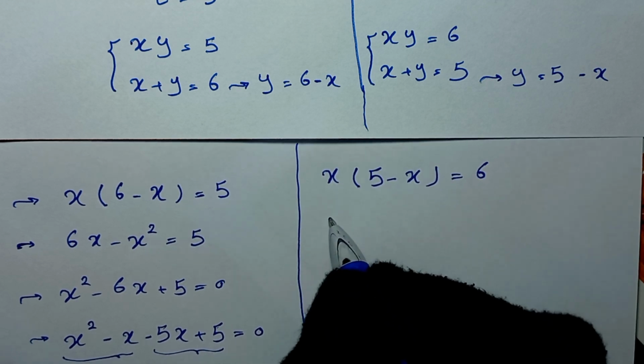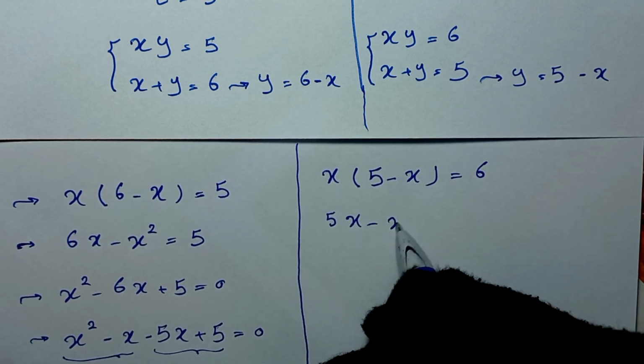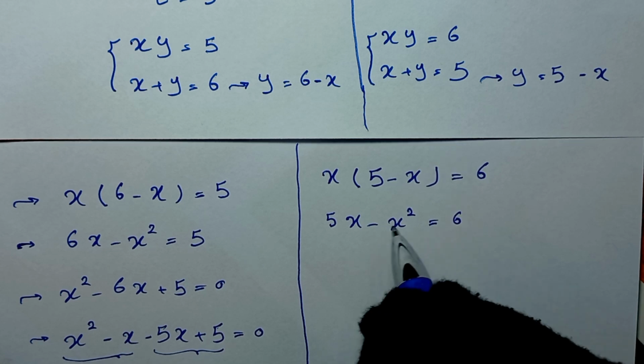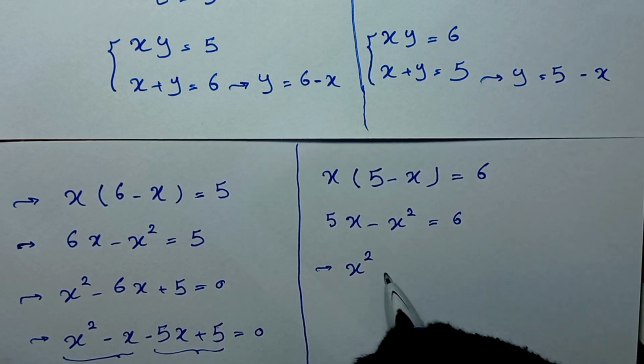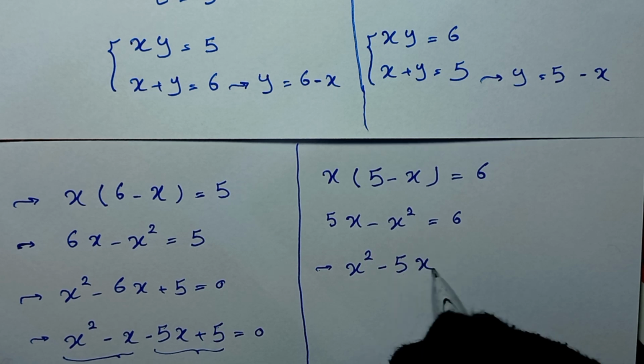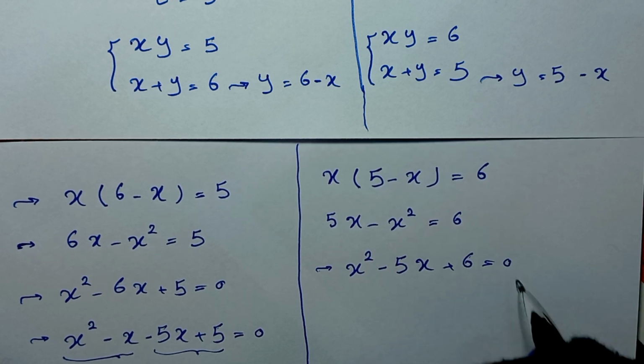And it will be 5x minus x squared is equal to 6, and we take this and this to this side, and it will be x squared minus 5x plus 6 is equal to 0.